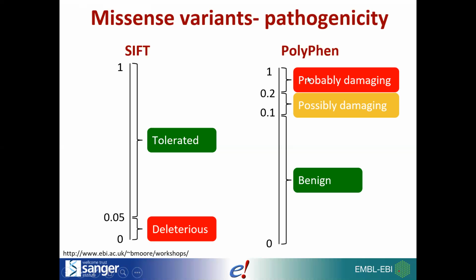Whereas in case of PolyPhen, the large values are probably damaging and the small values are probably benign or good in their character. So there's different terminology, but the coloring here between red and green is useful in figuring the quality as okay and not okay.